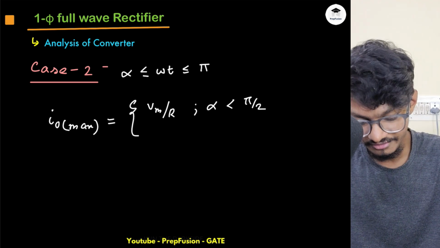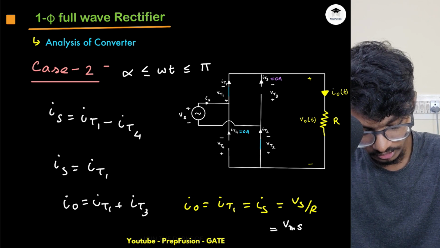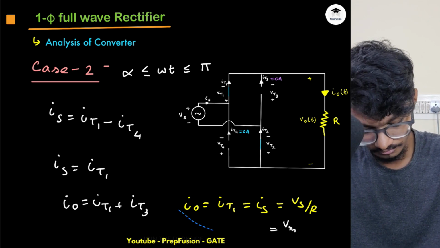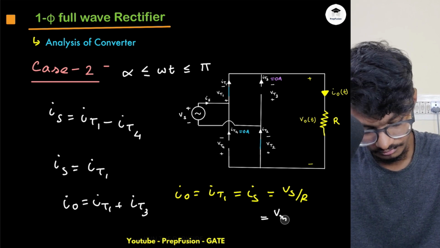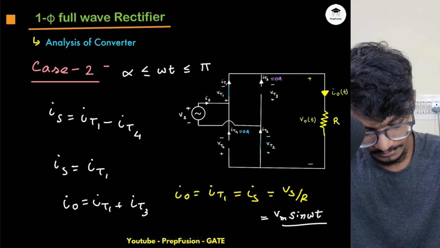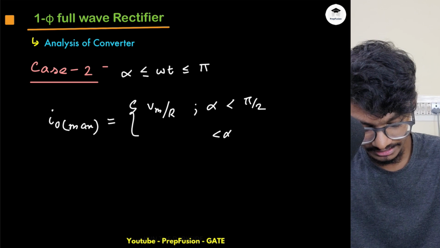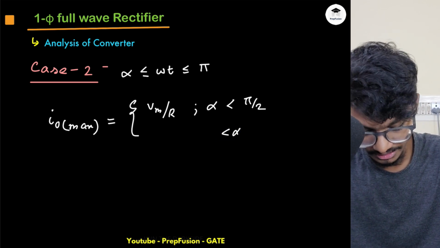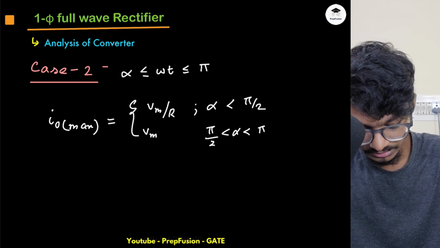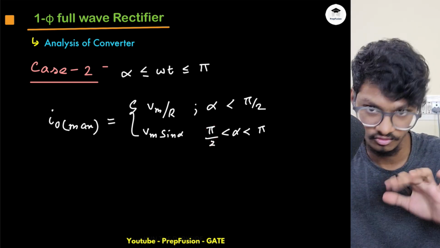I can write IO directly as Vm sin omega t divided by R. But if my alpha is greater than pi by 2 and less than pi, the maximum voltage that will come across the resistor will be Vm sin alpha, because after pi by 2 the sine wave only reduces from Vm.